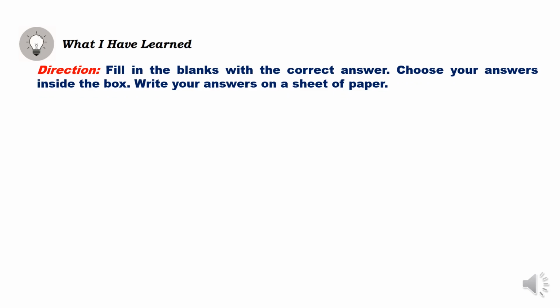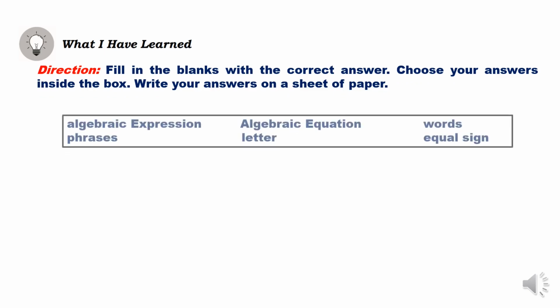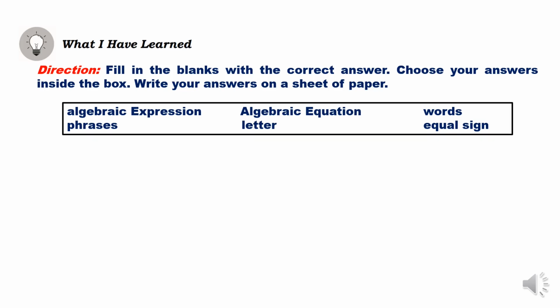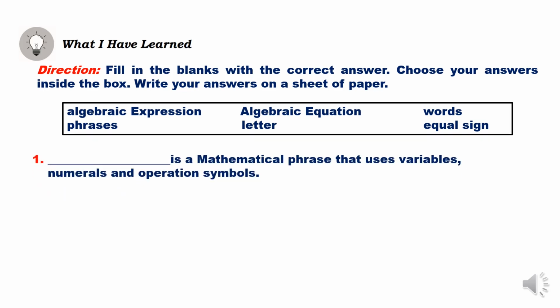Fill in the blanks with the correct answer. Choose your answers inside the box. Write your answers on a sheet of paper. Number 1, blank is a mathematical phrase that uses variables, numerals, and operation symbols. That is an algebraic expression.